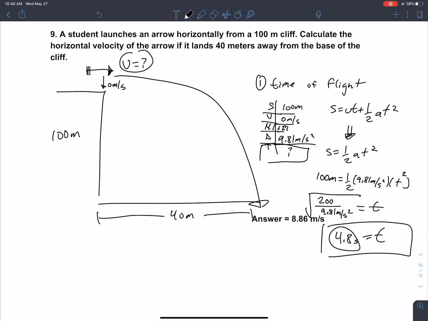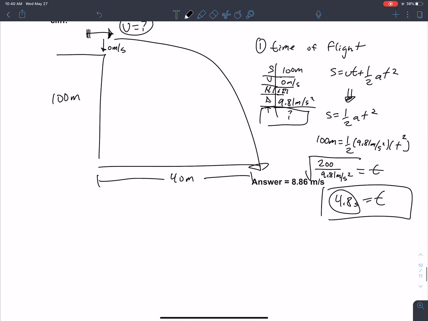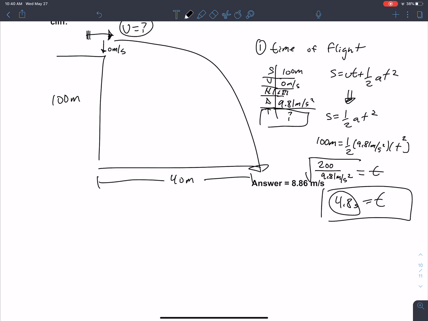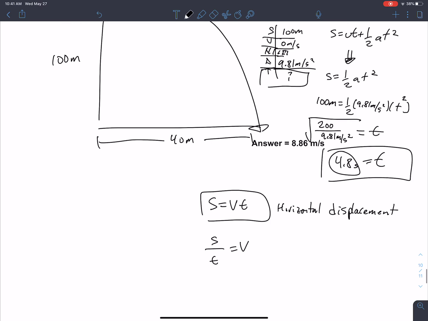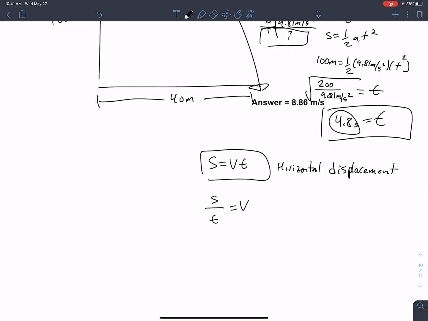Once I've calculated the time of flight, in order to calculate the velocity, S is equal to VT for my horizontal displacement. So to get the velocity, S over T is equal to V. S is 40 meters.